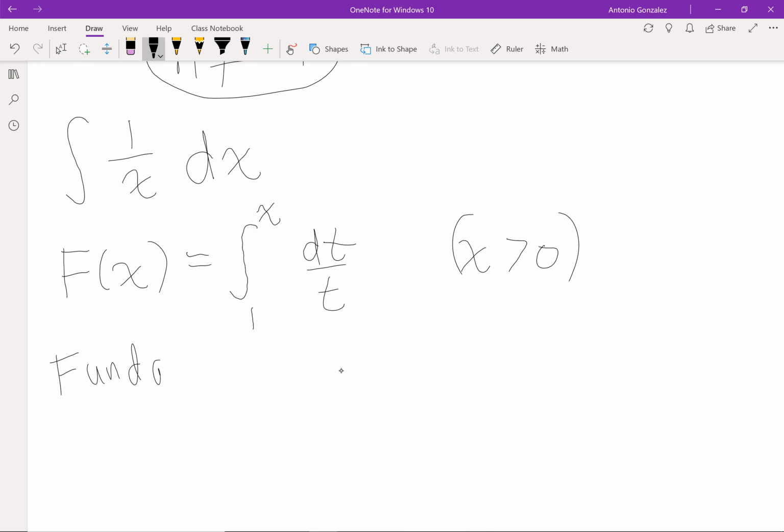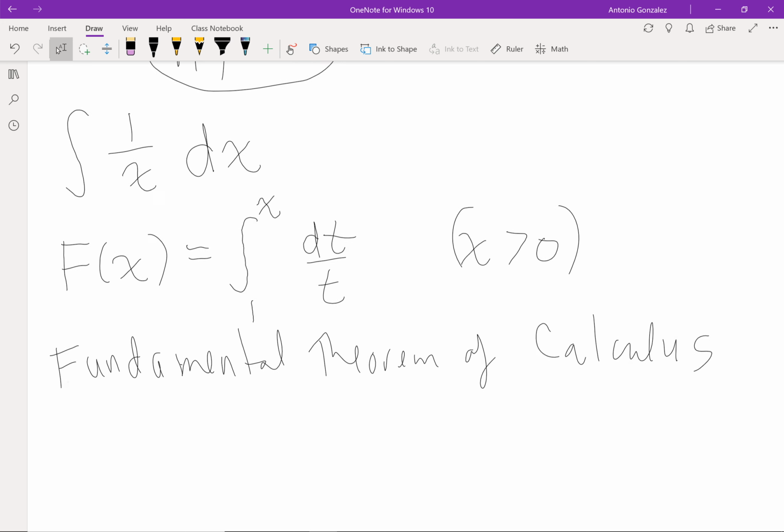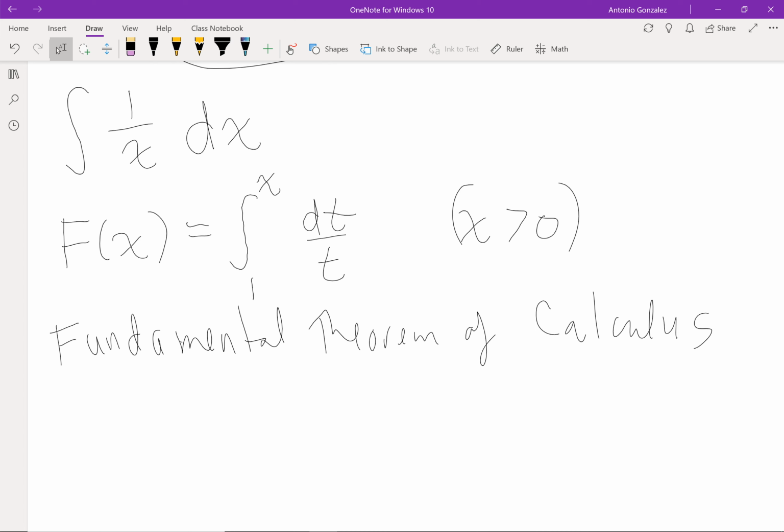Now the fundamental theorem of calculus states that at least this is a continuous function on the interval x greater than 0. It states that we at least have a theoretical solution to this, that we can take the derivative of this.